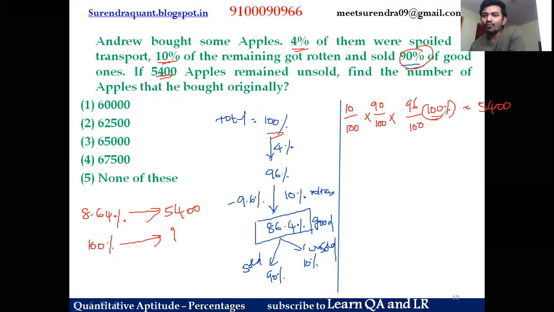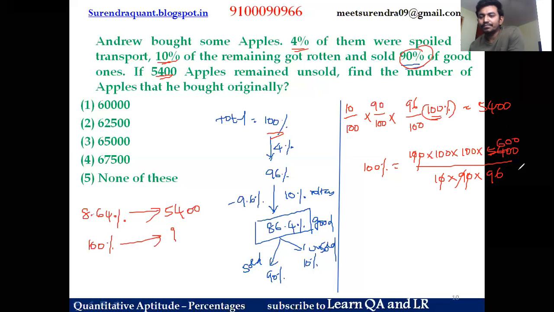Then 100% is what? So 100% equal to, cross multiply the terms, 100 into 100 into 100 into 5,400. Now these three terms, 10, 90, 96 come to denominator. 10 into 90 into 96. So 2 zeros get cancelled here. 9 6s are 54, 2 zeros.